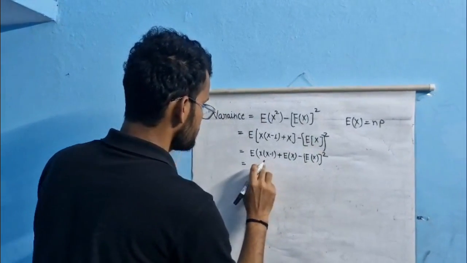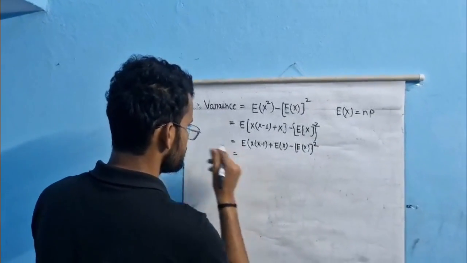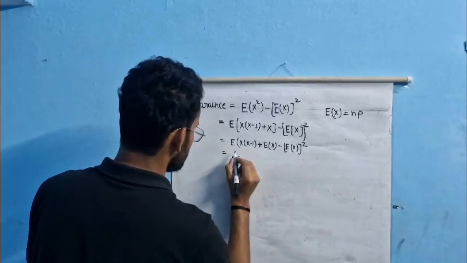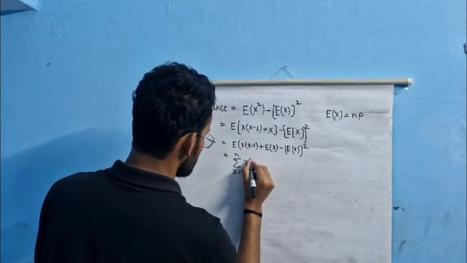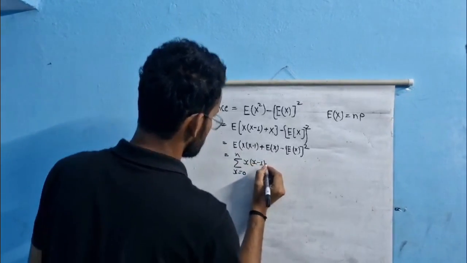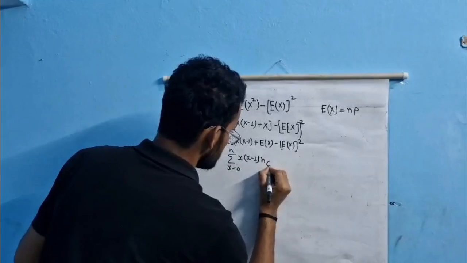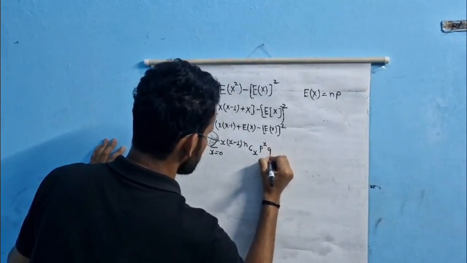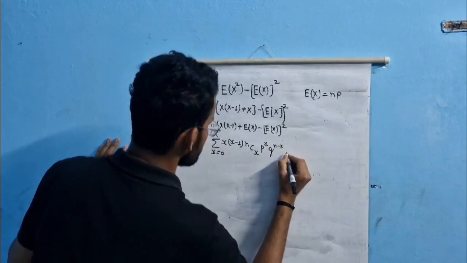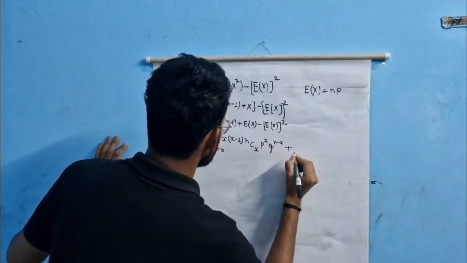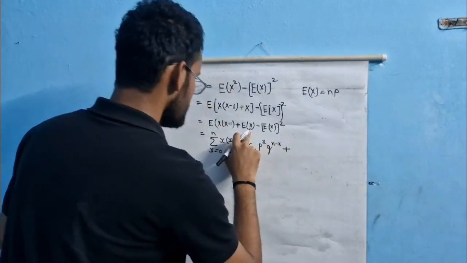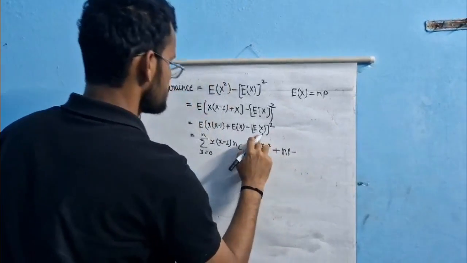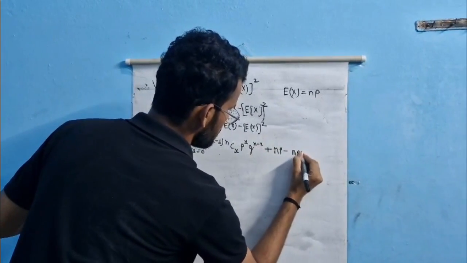Now expectation of x into x minus 1 is equal to summation x equal to 0 to n of x into x minus 1 times nCx p raised to the power x q raised to the power n minus x, plus expectation of x, which is np, minus np whole square.